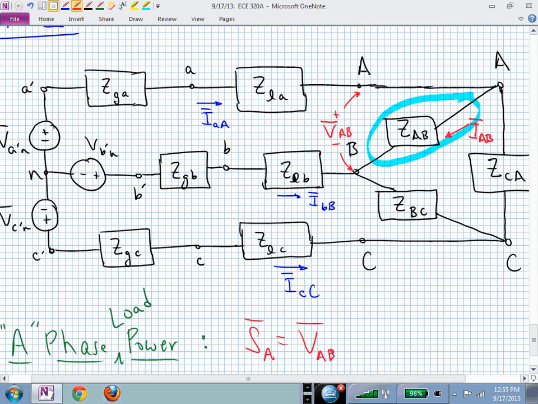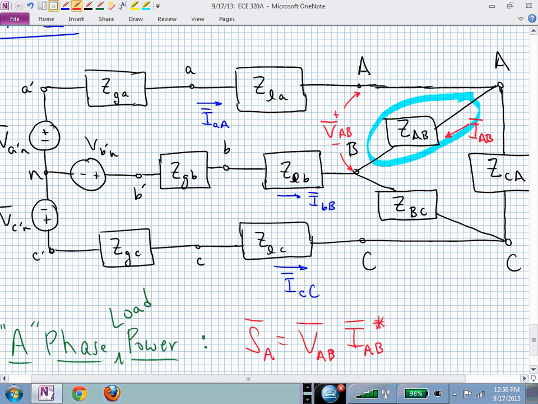That's not the same as my line current in this configuration, is it? So things have changed. But this is now the current that I need because that's the one that belongs with that particular piece of the A-phase impedance, or for the A-phase impedance.